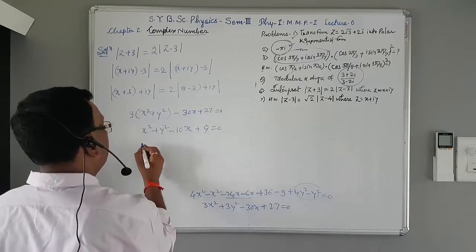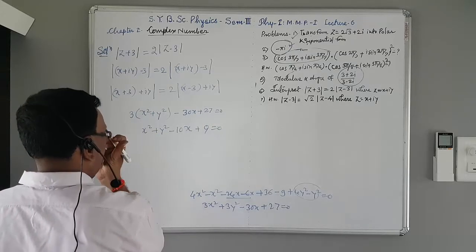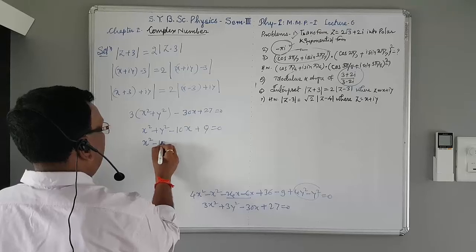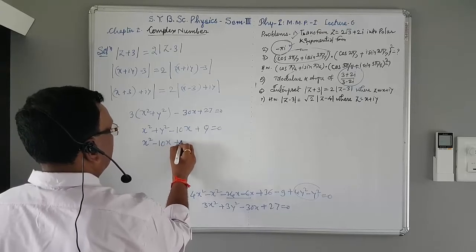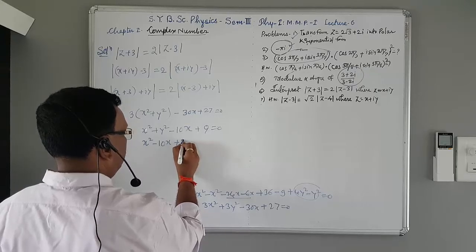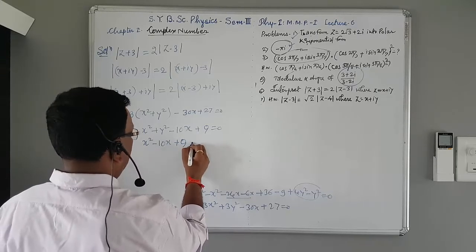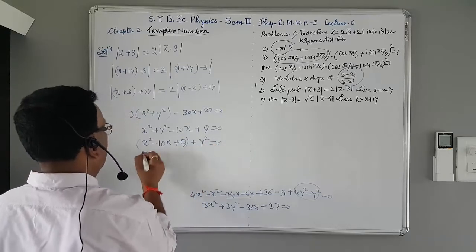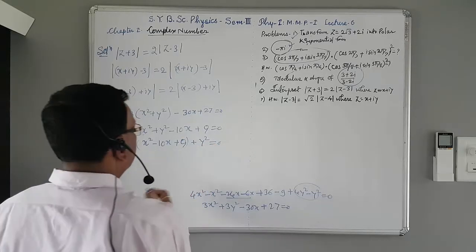Or you can write this equation x square minus 10x plus 25 minus 25 plus 9 plus y square is equal to 0. Okay.